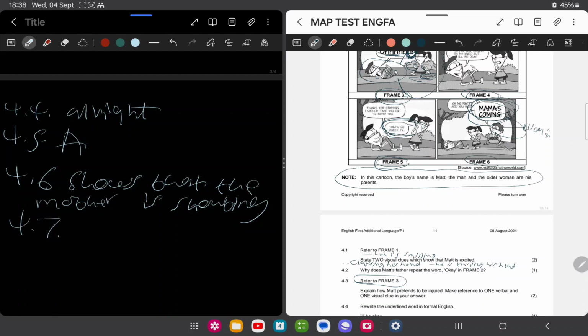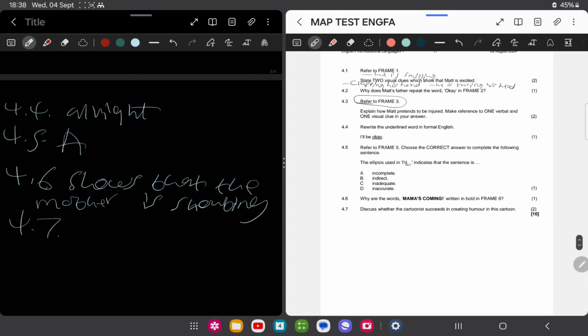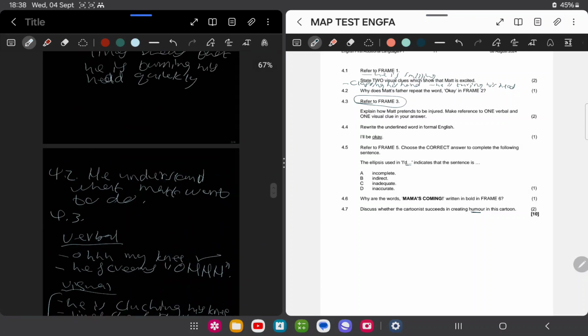So 4.7. Discuss whether the cartoonist succeeds in creating humor in this cartoon. This question brings us back to the purpose of a cartoon, which is to bring humor or to make us laugh.